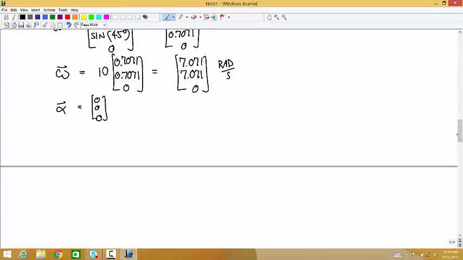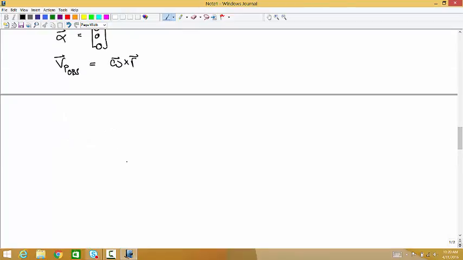And so now we can say the velocity of p observed is just equal to omega cross r. What's the r vector? So the r vector goes from the center of the circular motion to the point you care about.